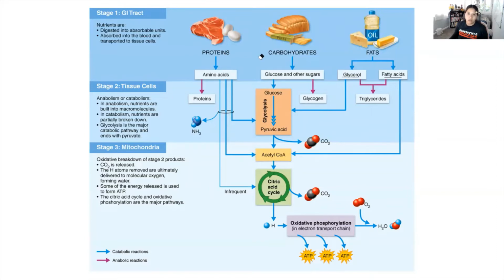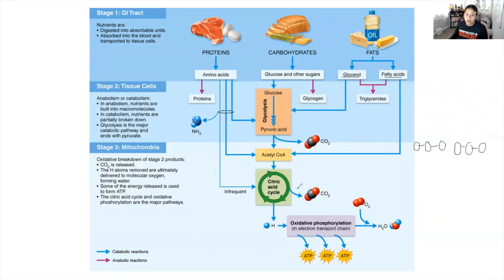Now, you should know that glucose is actually a 6-carbon molecule. 1, 2, 3, 4, 5, 6. Glucose is a 6-carbon molecule. During glycolysis, we're going to break that glucose apart into 2 3-carbon molecules, which are pyruvic acid.